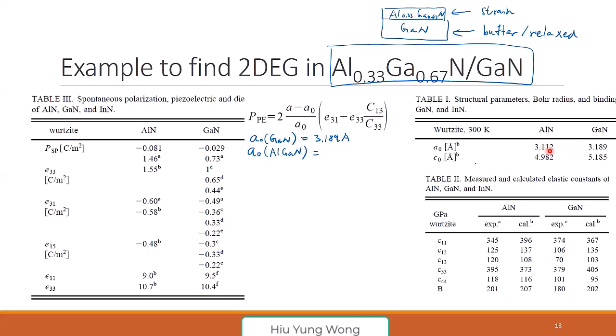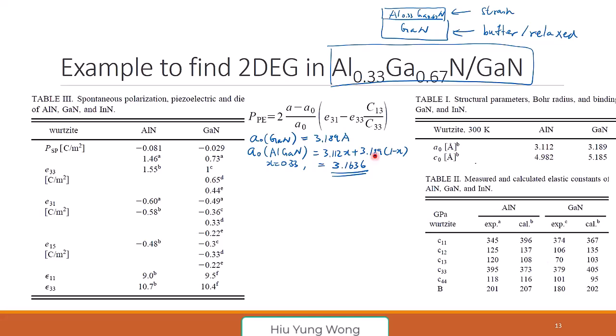What will you do, add both of them? Add both, linear interpolation. So 3.112 times x plus 3.189 times 1 minus x, where x equals 0.33 in our case. I just give you the answer: 3.1636.